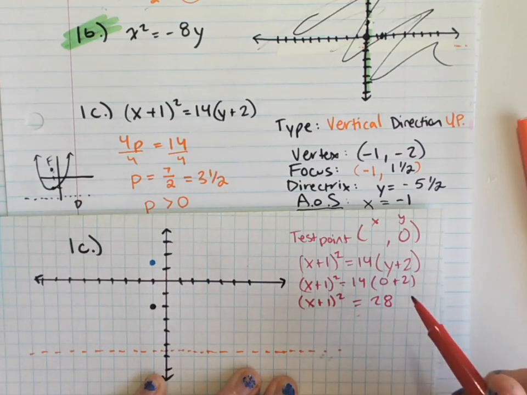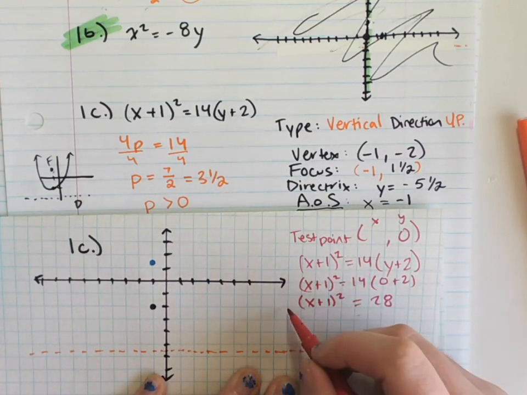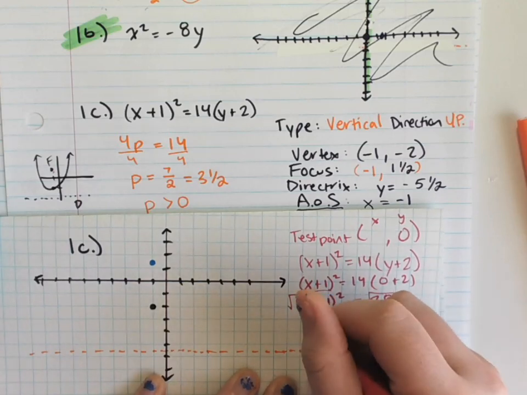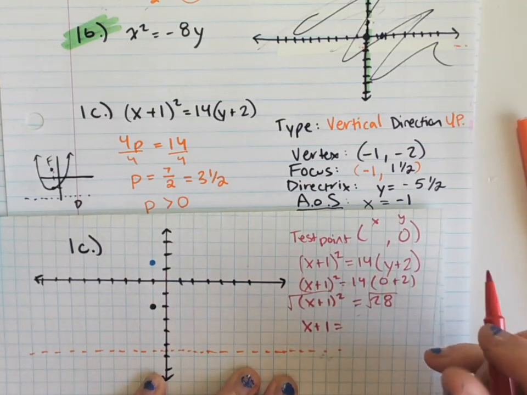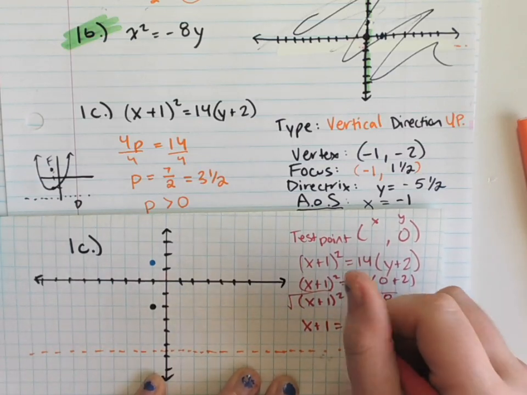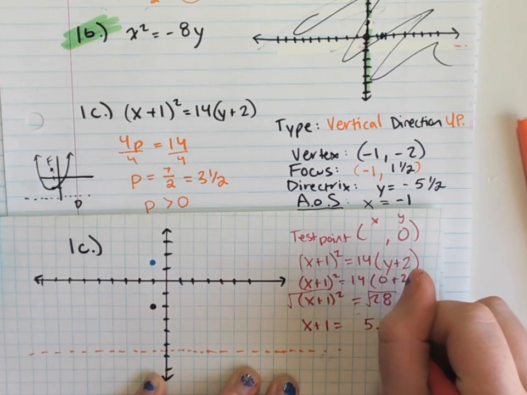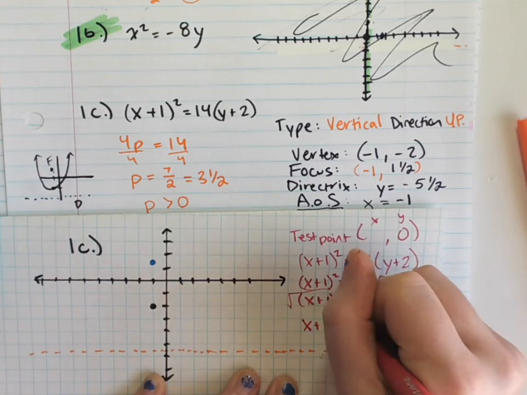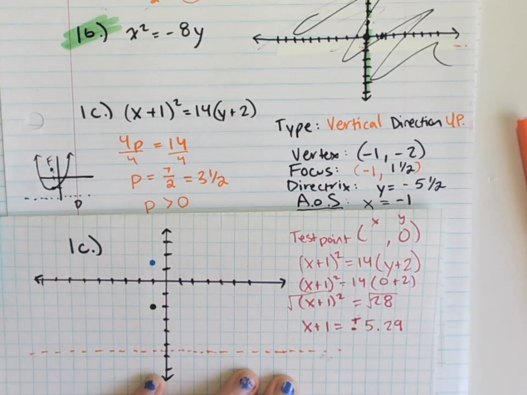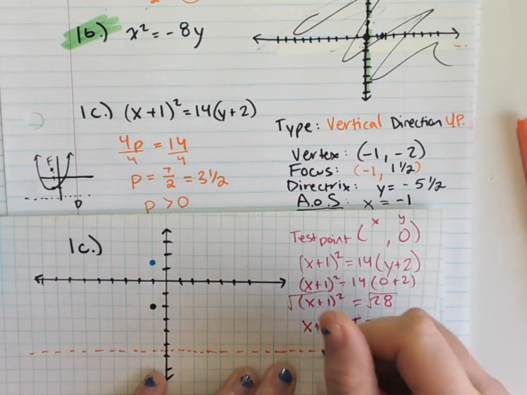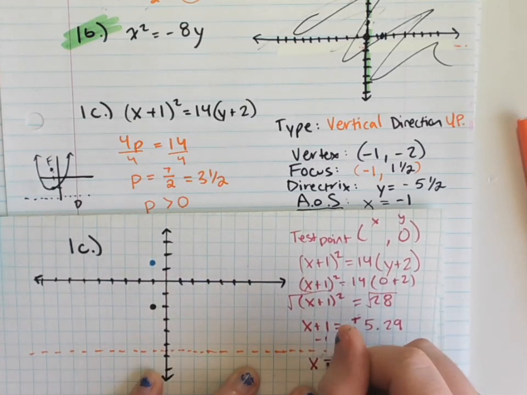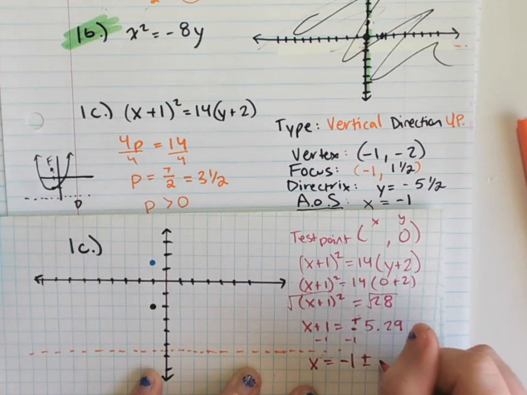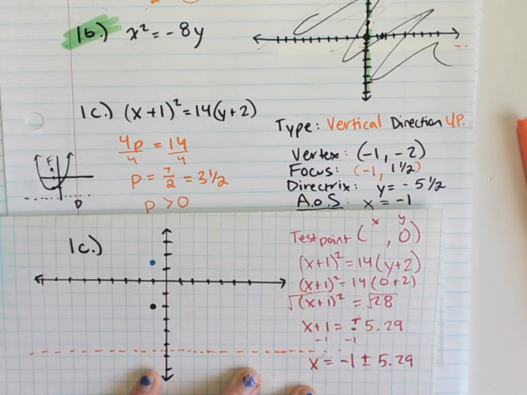And then we have a square root on both sides. The square root of 28 is about 5.29. But this is both a positive and a negative of that. So if I subtract 1 on both sides, we have x equals negative 1 plus or minus 5.29.